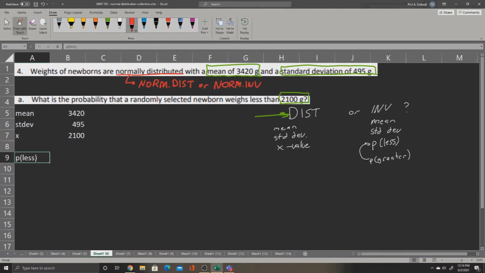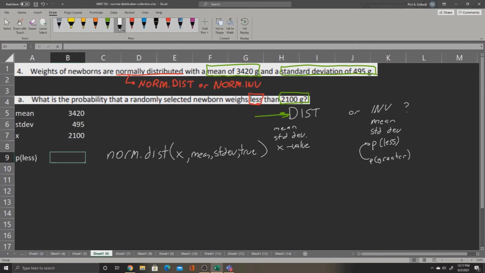Now in the problem, we are asked about being less than 2,100, so we will not need to add an additional step and find the probability of being greater. We can go straight to the Norm.dist formula here. We'll need x, mean, standard deviation, and then the word true.